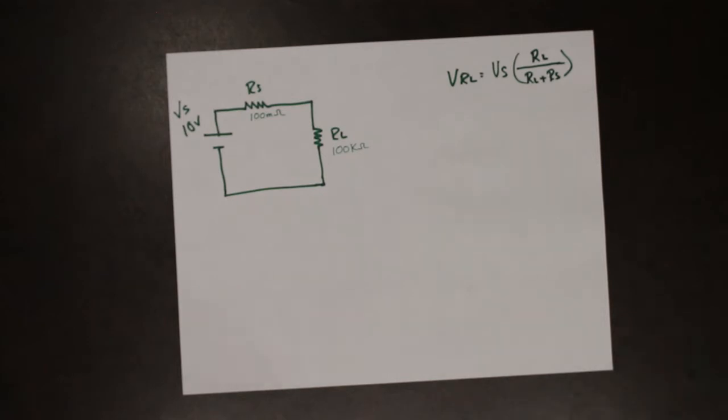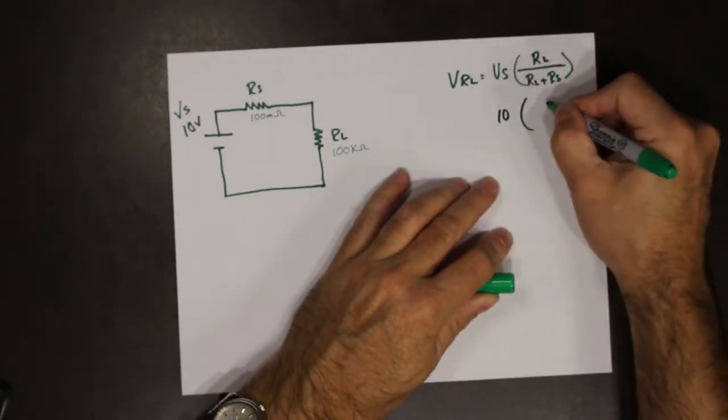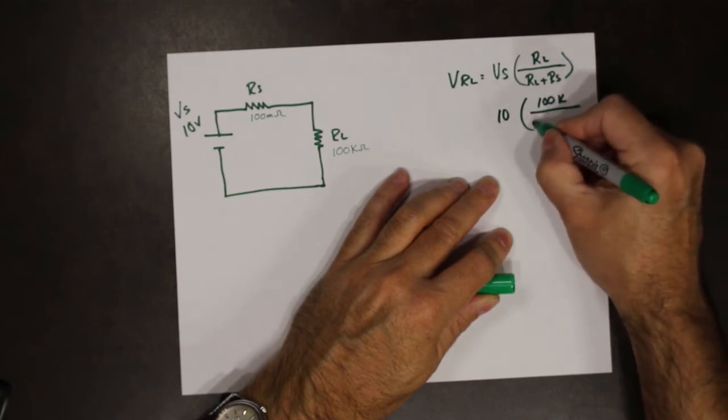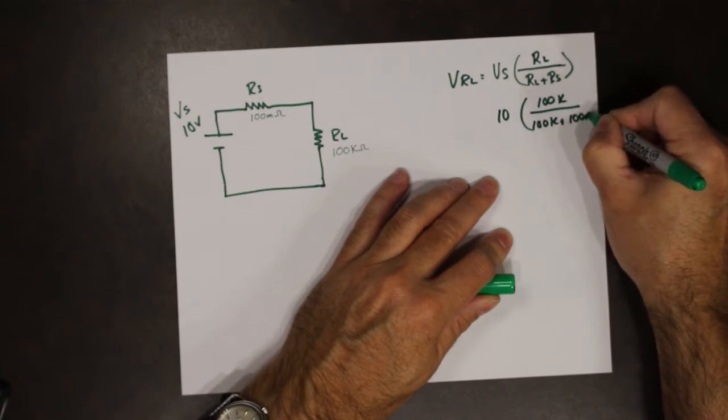So that's what it came out to be. Let's do the real quick math here and see what we have. In this first example, it's 10, and we got 100K over 100K plus 100 milli.